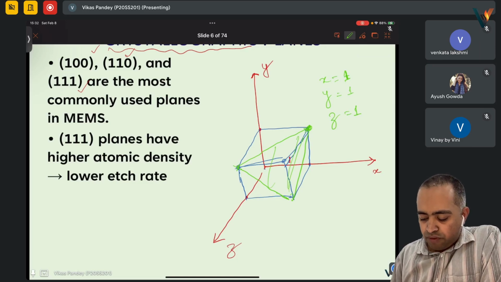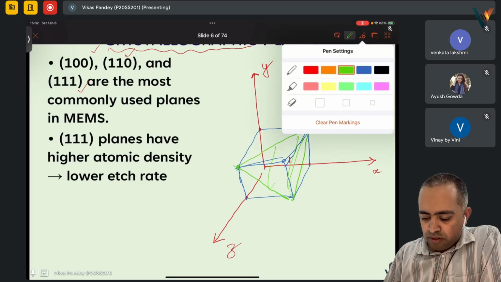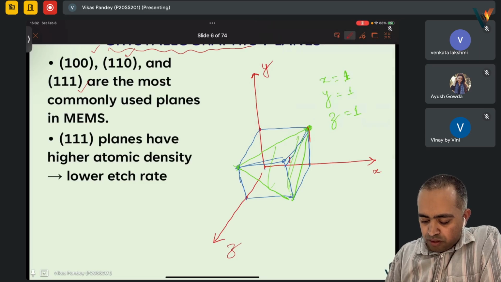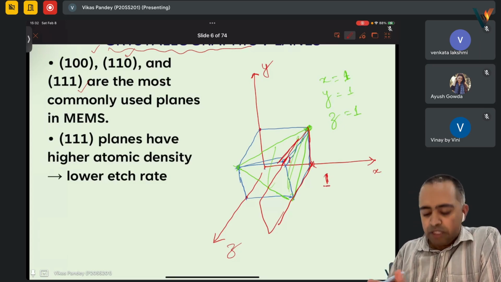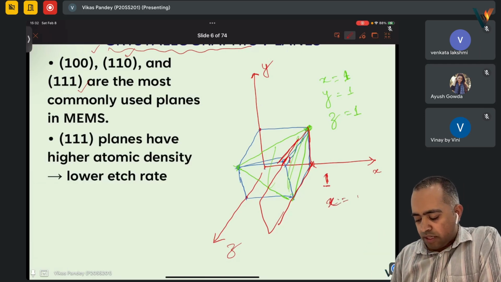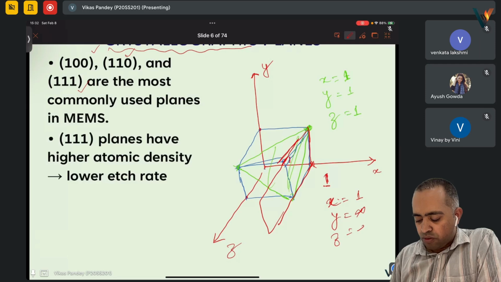Whereas if you see another plane I'm taking, suppose this plane. Here it is cutting x at 1, but it is parallel to the y and z axes. So x equals 1, y equals infinity, and z equals infinity. Taking the reciprocal, we will get 1, 0, 0.